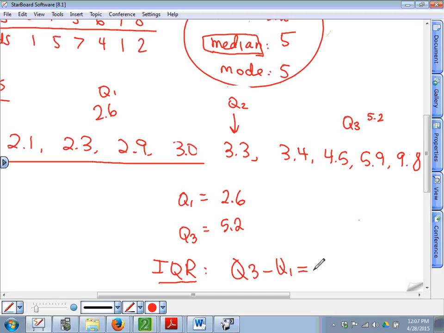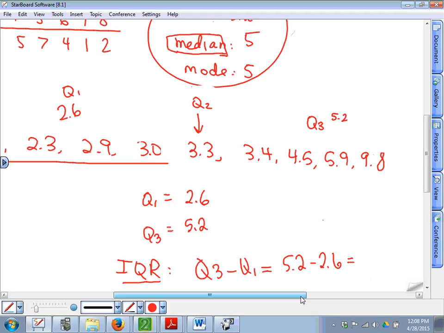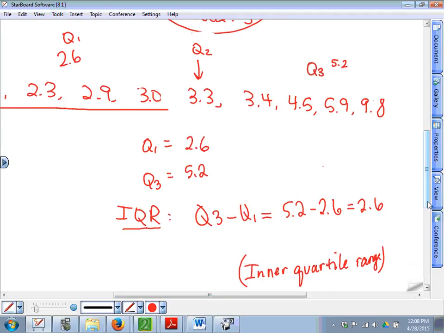So in our problem, it would be 5.2 minus 2.6, which is 2.6. IQR stands for inner quartile range. Inner quartile range.